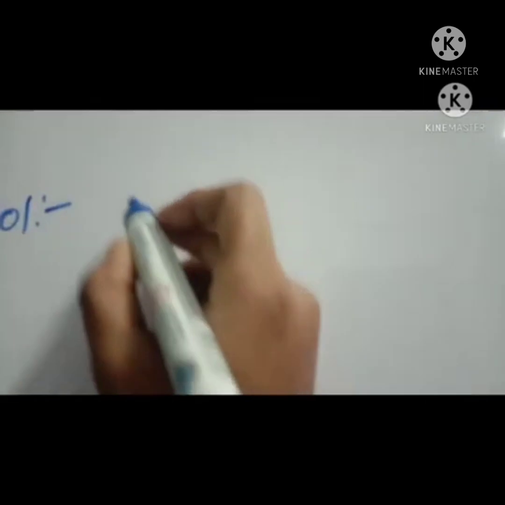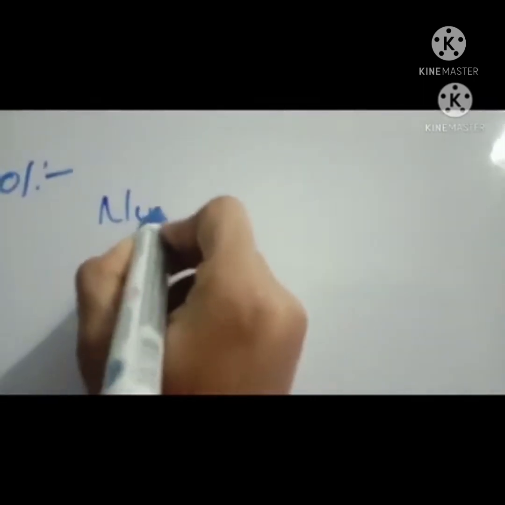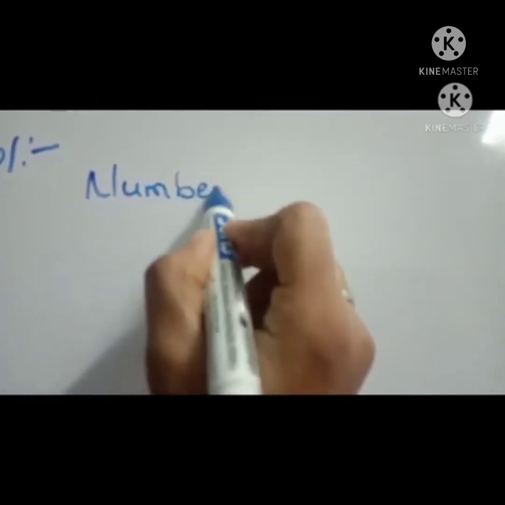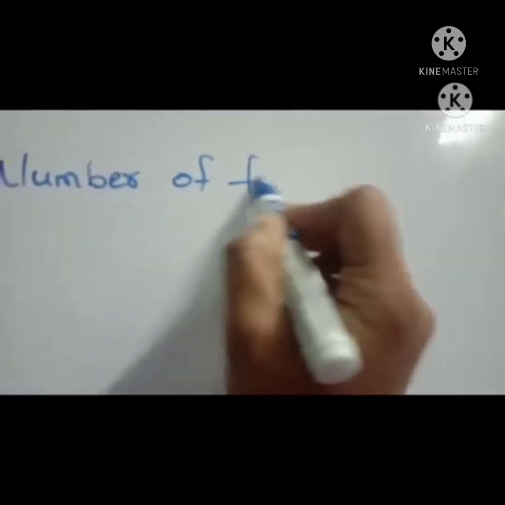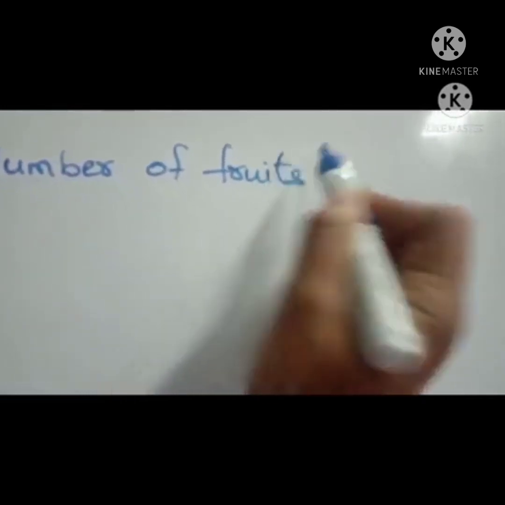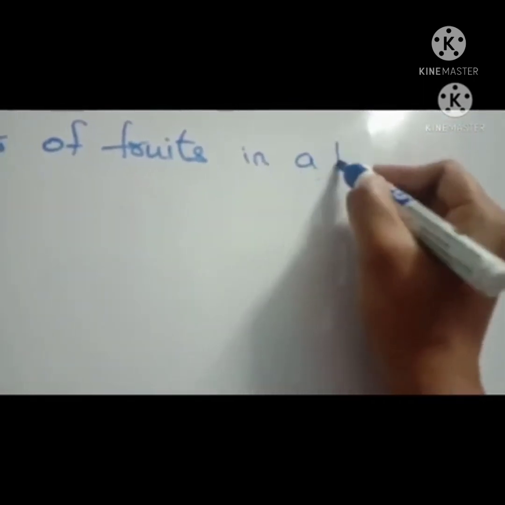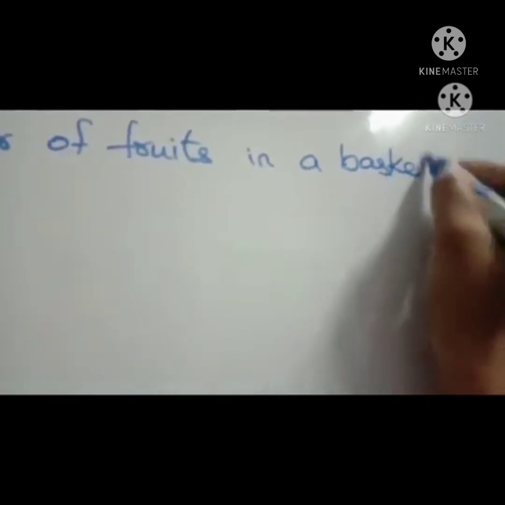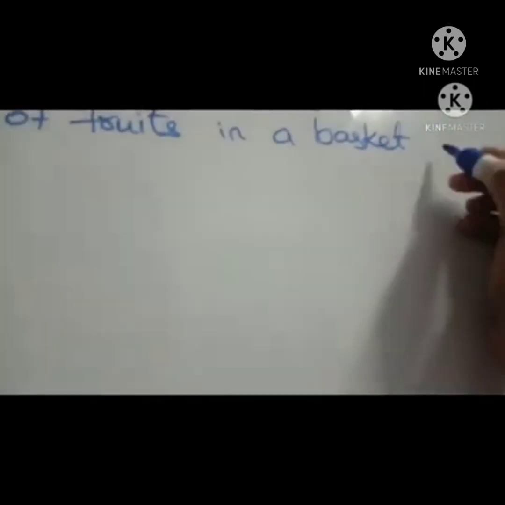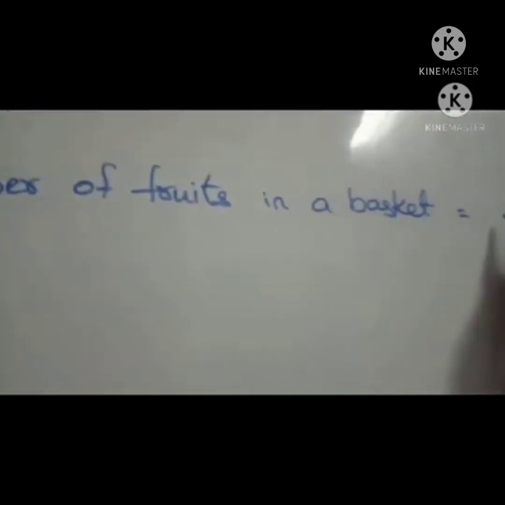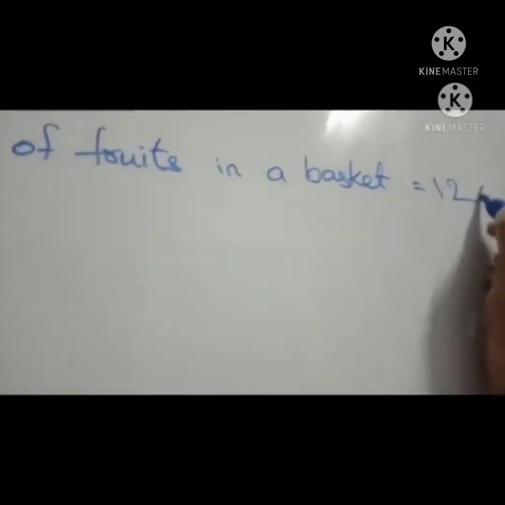Okay, see number of fruits in a basket. How many fruits are there? See in your textbook and tell. Very good, 120. And again, out of which 40 are mangoes and the rest apples.